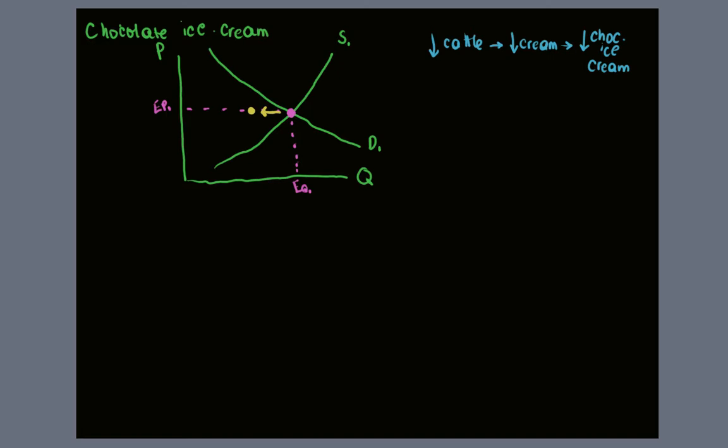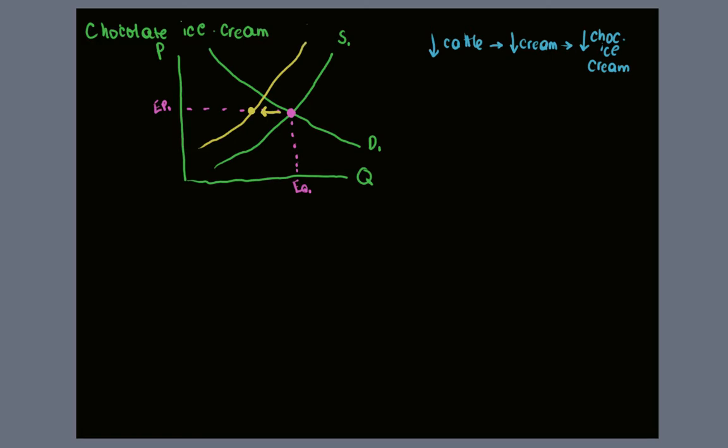It's originating from something else, and that something else is a reduction in the cattle that produce the cream that goes into the chocolate ice cream. So from this equilibrium point, we shift to the left to this new yellow dot that represents a reduction in supply, and this is a shift in the supply curve. That is a reduction. So our supply curve moves to the left, and I denote that as S sub 2 there.